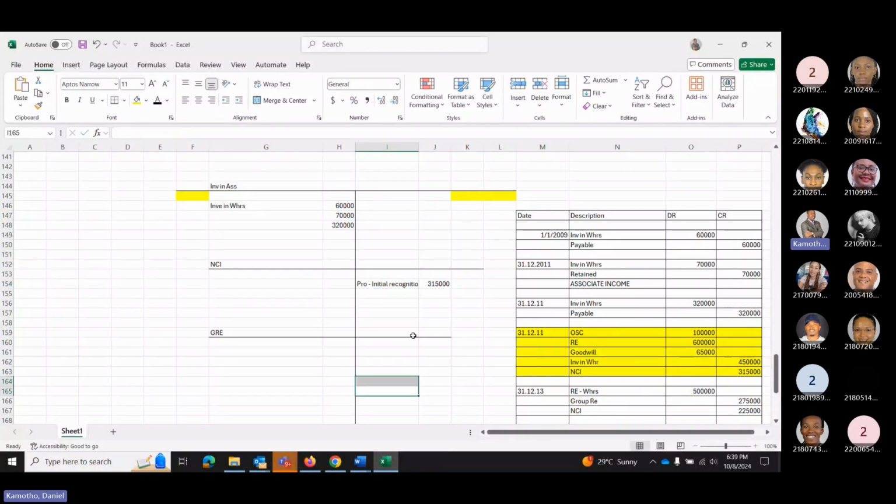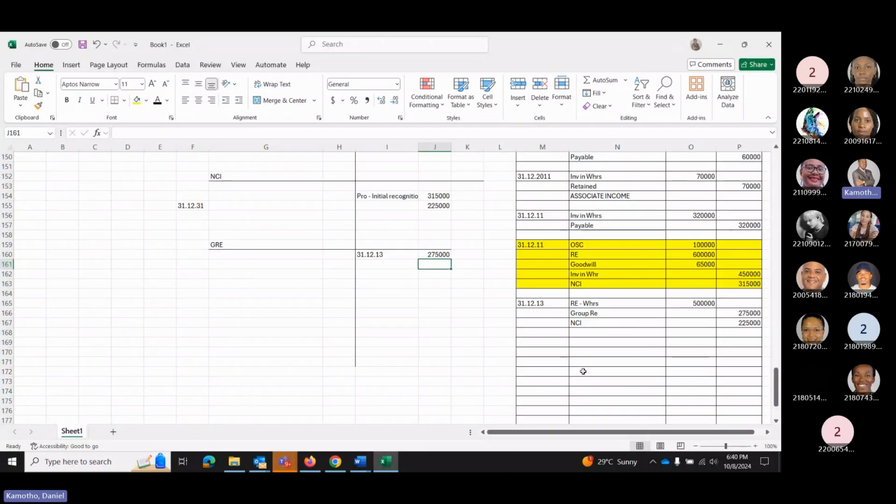The initial recognition of NCI is the 315, which is 45% of the net asset at the date of acquisition. Then up to 31st of December 2013, they will get an additional amount, which is 225. And for the first time, the group will get up to December 2013 the first post-acquisition earning of 275,000. So ideally, that is how the ledger would look like.